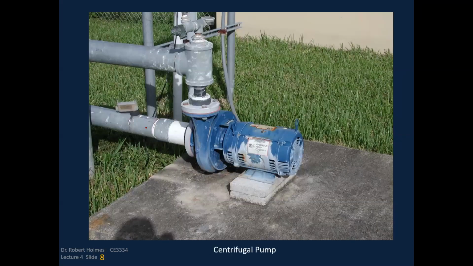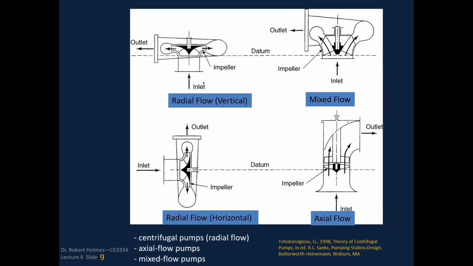This is a picture of a centrifugal pump or a radial flow pump. You can see as the flow is coming through the system here, it's coming in and then it's being spun up as it enters, and it's being thrown radially around here as it's sped up and injected into this pipe here, the discharge line.